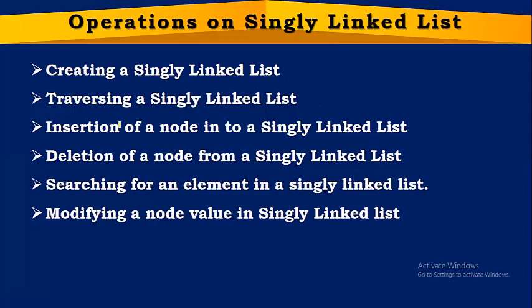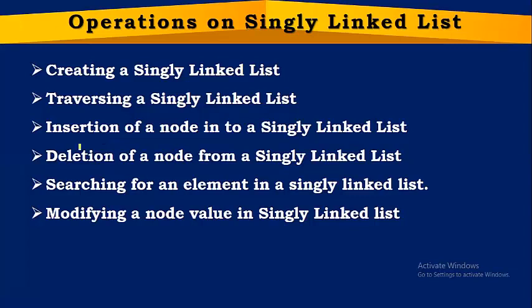Next, insertion of a node into a singly linked list. Insertion can be done in four ways: insert at the beginning of a singly linked list, insert at the end, insert before a particular node, and insert after a particular node.